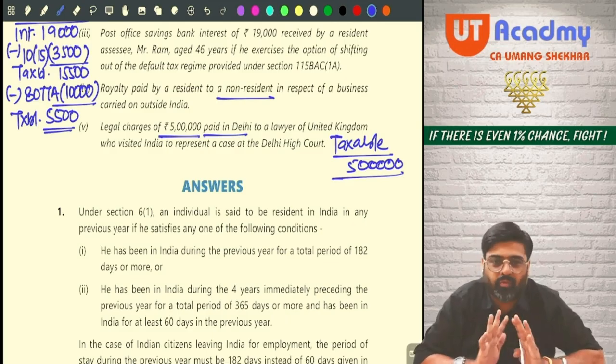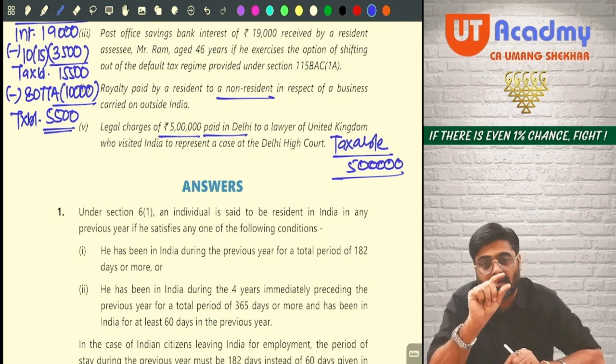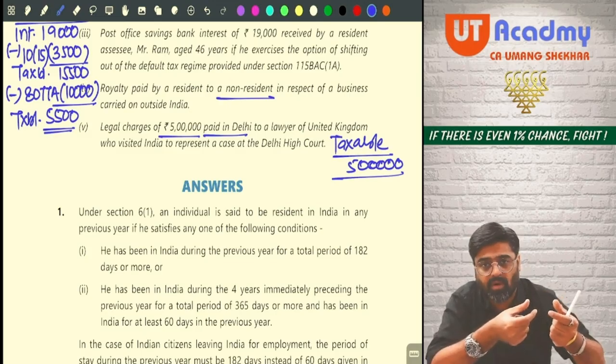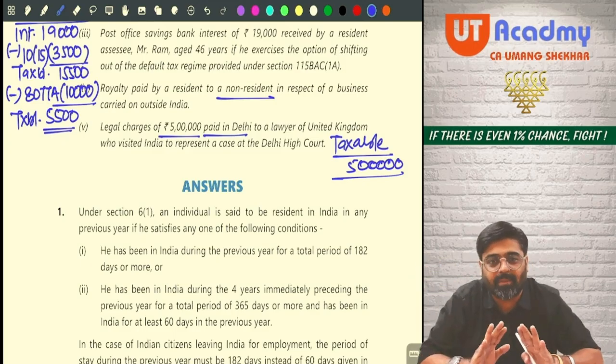So these types of questions can come in the exam. Please be very careful. Okay? And these kinds of questions, small parts like this, can come in the main answer also, in the main question also as an adjustment. Or it can be framed as an MCQ. Done? So with this, the chapter is over.